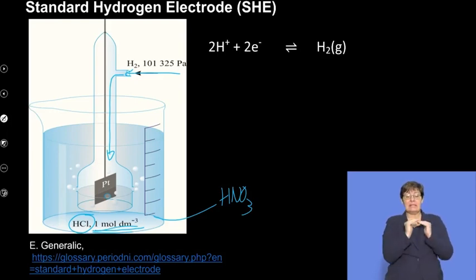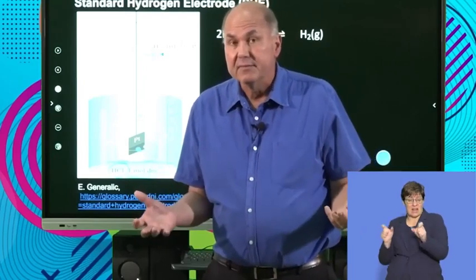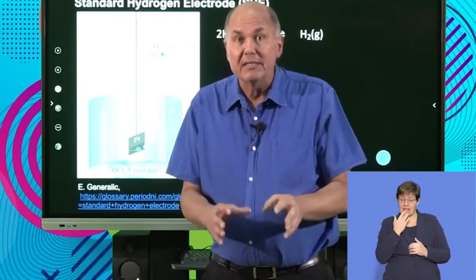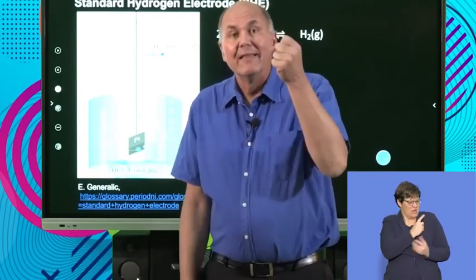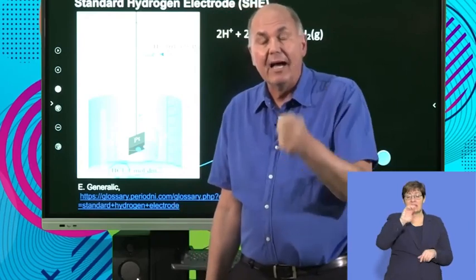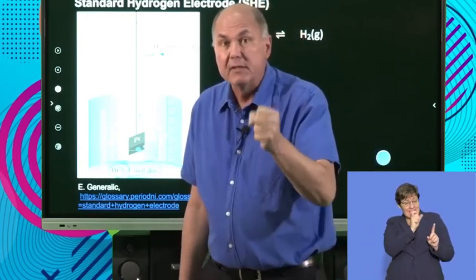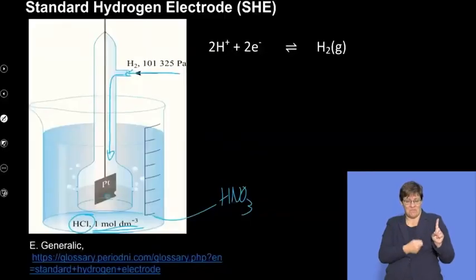Now, you would connect the standard hydrogen electrode to other cells to make a galvanic cell. And the interesting thing, the reason why we're doing this, is we want to use this standard hydrogen electrode as a reference cell. So we're going to use this one as a reference.